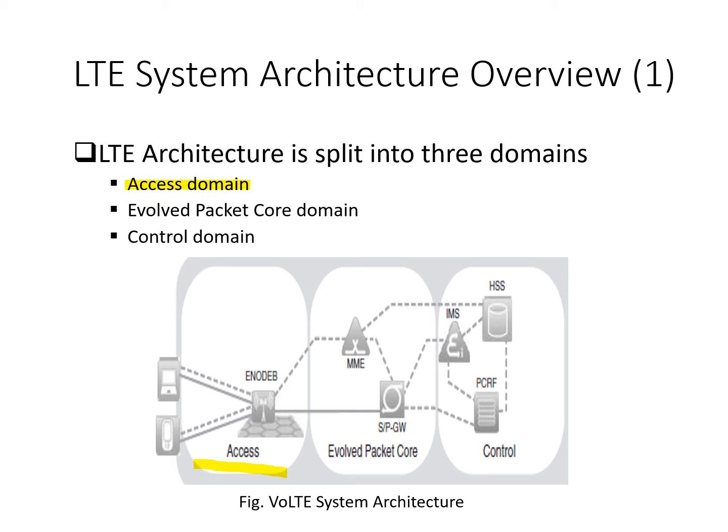The main part of the access domain is E node B. E node B is actually a radio access point for the end hosts.